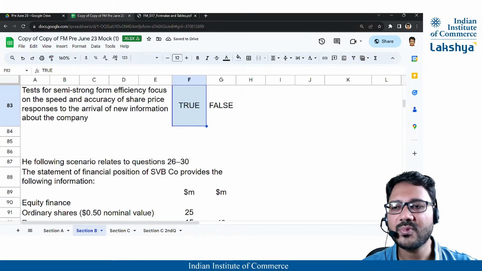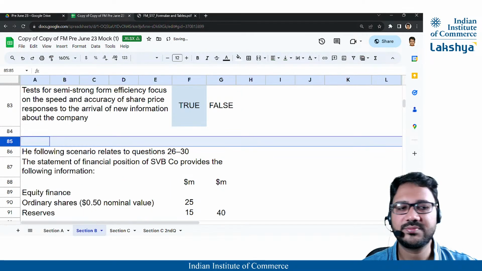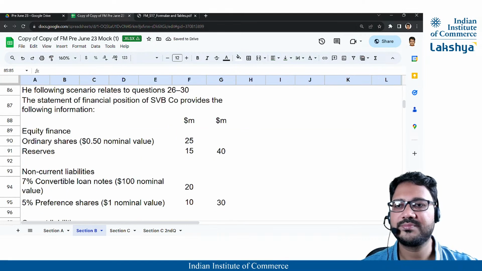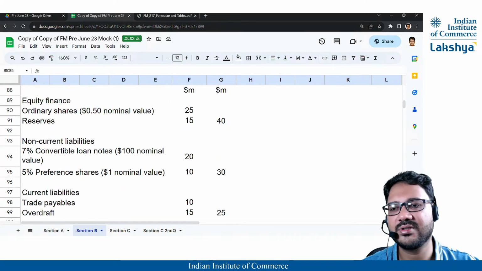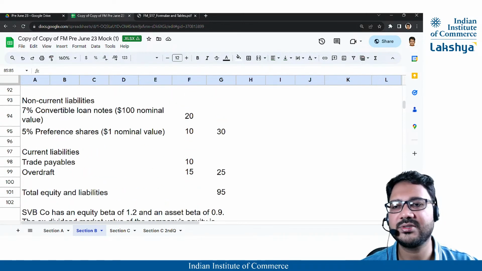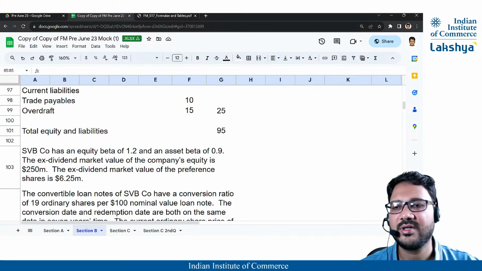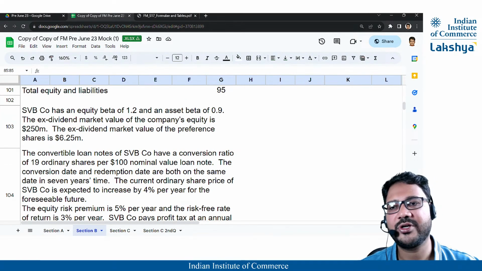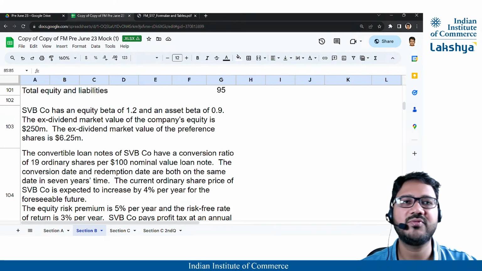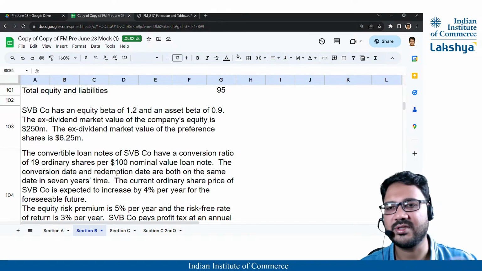Now moving on, next question. The statement of financial position of SVB is given to us. We have the ordinary shares, reserves, non-convertible liabilities, all of that is given. I'll just read.